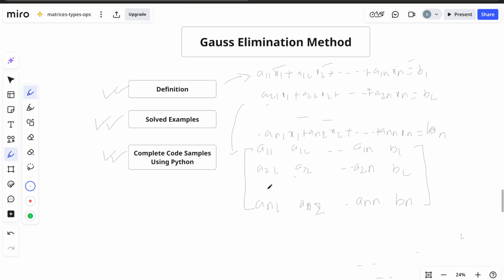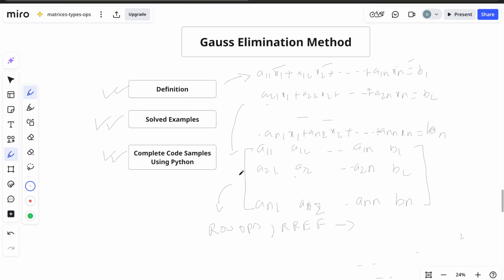This is the augmented matrix form. We need to perform row operations on top of it to reduce it to a row reduced echelon form of the matrix, right? If you don't know about row reduced echelon form, I will attach the link in the description. You can go through that video.